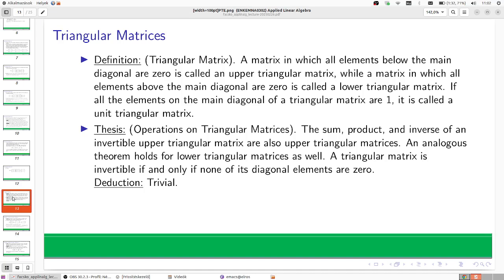And if you have only ones in the main diagonal, then it's a unit triangular matrix. Remember, the triangular matrix is good because you can calculate the determinant just by multiplying the elements in the main diagonal.